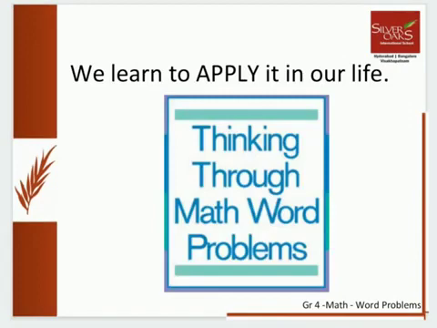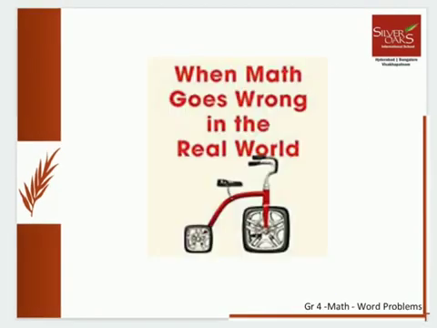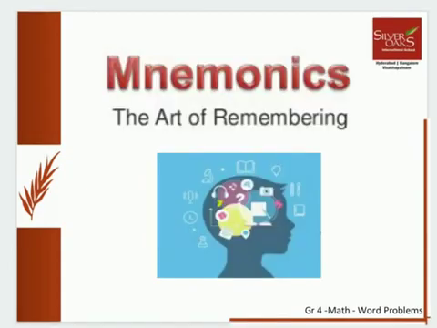But before we apply our knowledge in the word problems, we need to decide which numerical operation has to be used to solve it. Because if we go wrong in deciding the numerical operation, the entire calculation will be of no use. To solve a word problem easily, we can use a mnemonic.